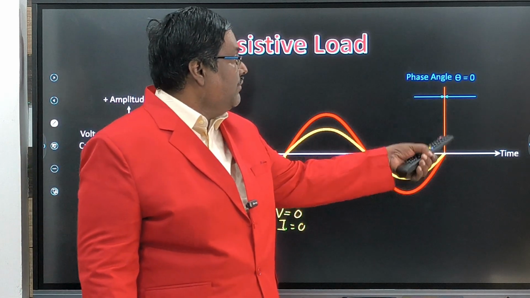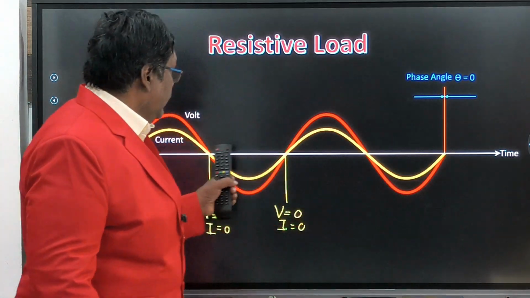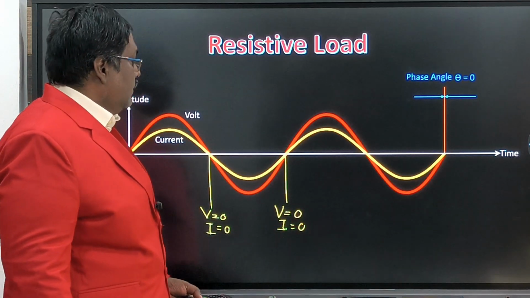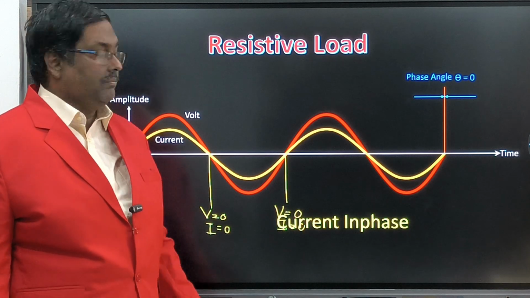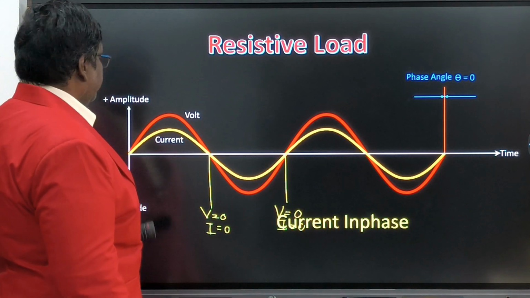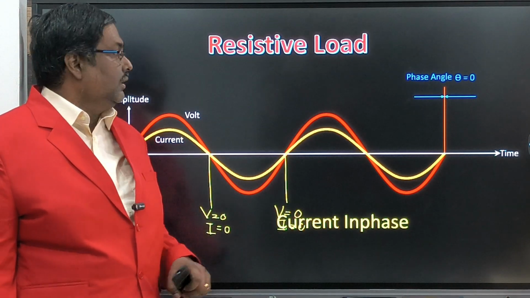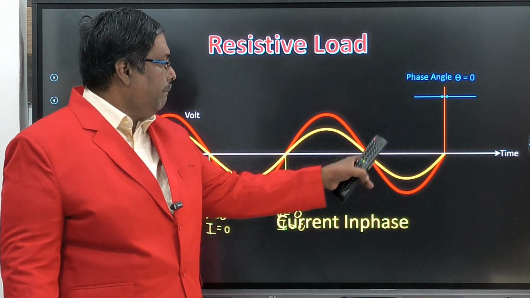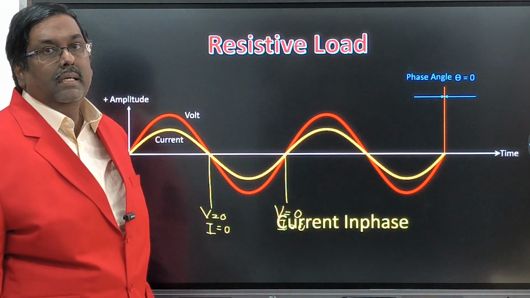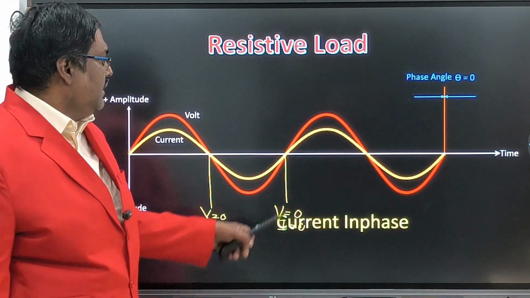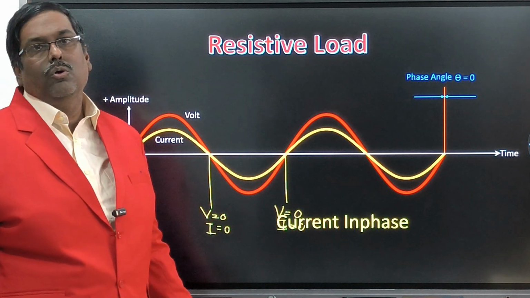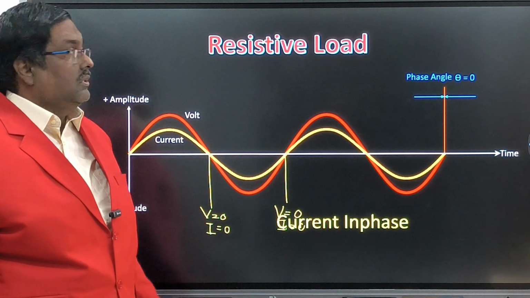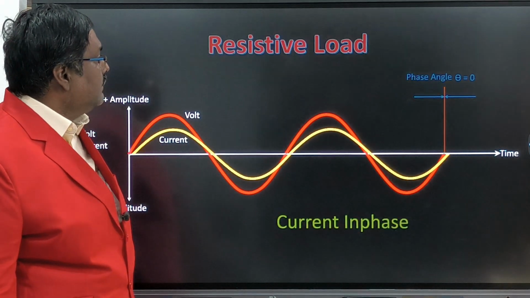So this degree difference is 0 because it is in phase. The current is in phase because voltage and current have the same phase. There is no difference in the degree. There is a difference in the amplitude, which depends on your load. Got it?